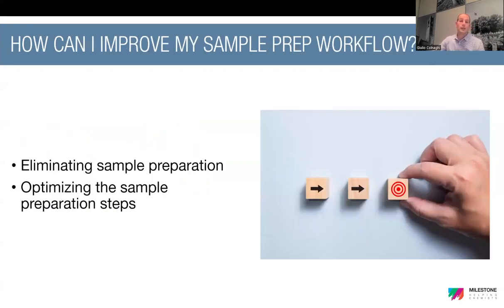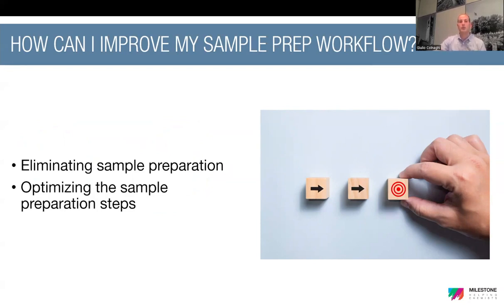When we consider the path from sample to analysis, ideally, we want to reduce all the steps as much as possible. So eliminating the sample preparation is the ideal scenario.